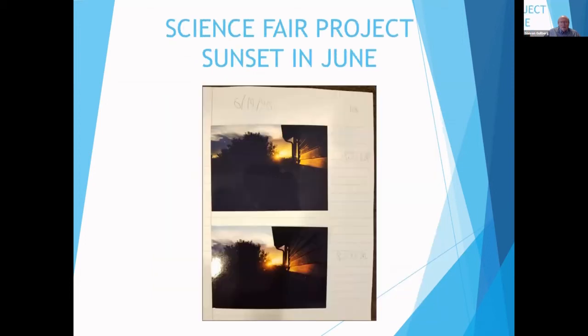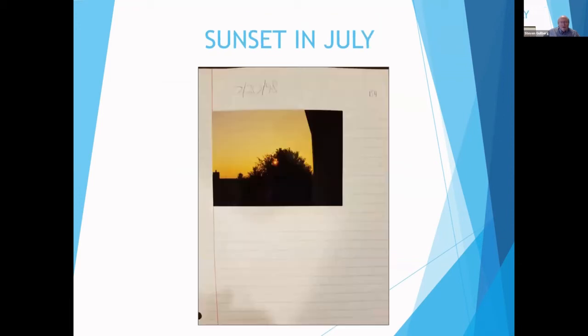So there was the photo that he took at the time of the June solstice. And yeah, I'm going to get the chat out of the way. It blocked my view, there we go. And then a month later, it was starting to move over to the left.